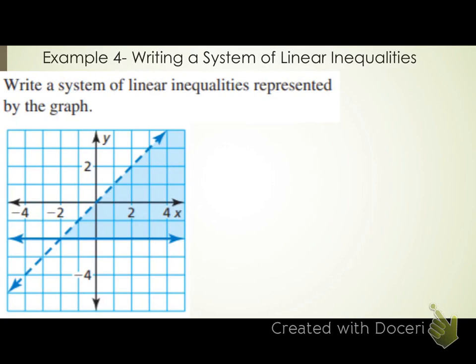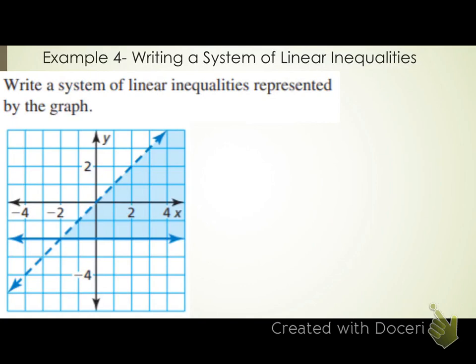We're working backwards here. Now it gives us a graph, and it wants us to write the system of inequalities from the graph. So instead of us graphing it ourselves, we're writing the system of inequalities. Oh, you're going to say one for me? Yeah. Go for it. Negative 2. I mean, like, the y is negative 2.